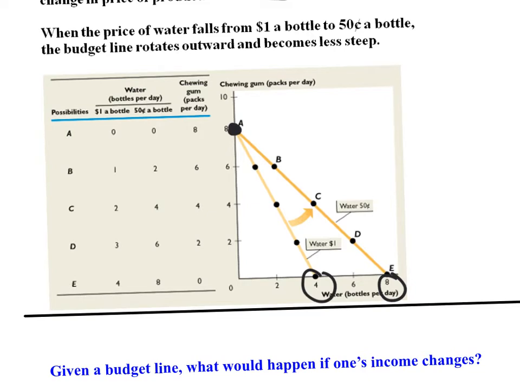So that's, once again, a change in the price of one product, in this case water. If the price of water falls, I may have said it opposite a minute ago, if the price of water falls, you can buy twice as much water. So the line's going to pivot over, but the quantity of chewing gum is unchanged.